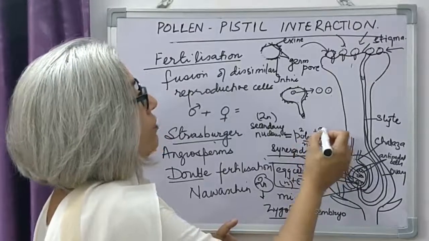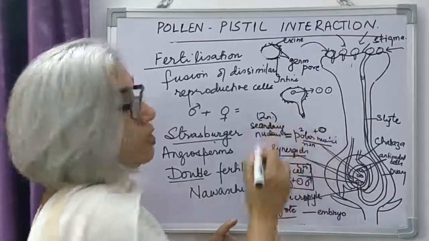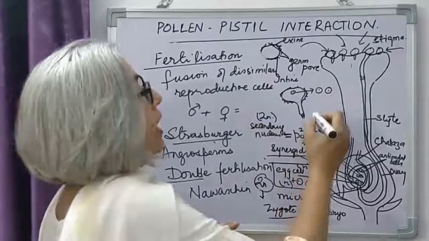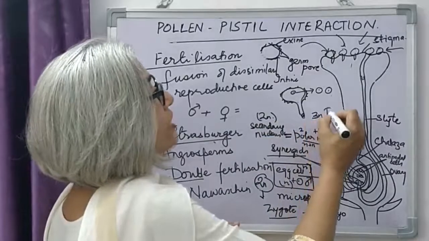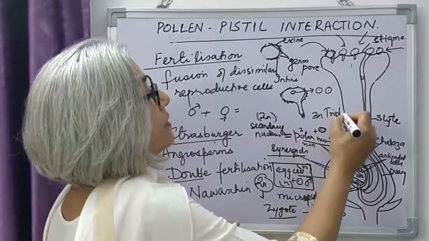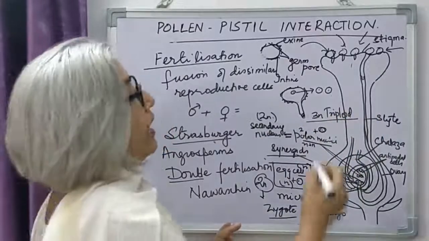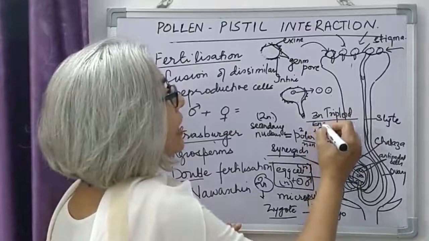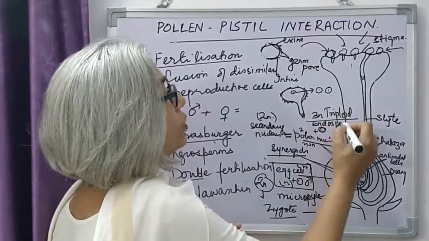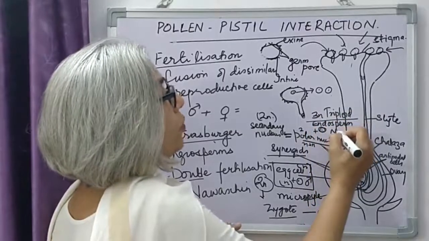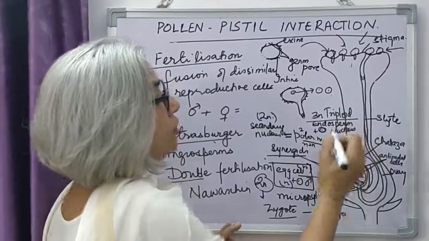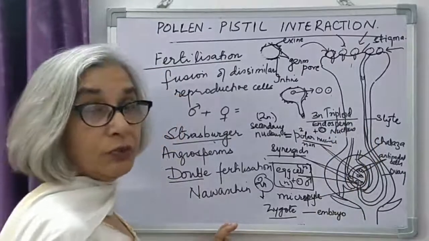Now one more male gamete comes in contact with the secondary nucleus and forms a triploid structure. This is called triploid fusion or triple fusion. And this triploid cell is called the endosperm nucleus, which will result in the formation of the endosperm.